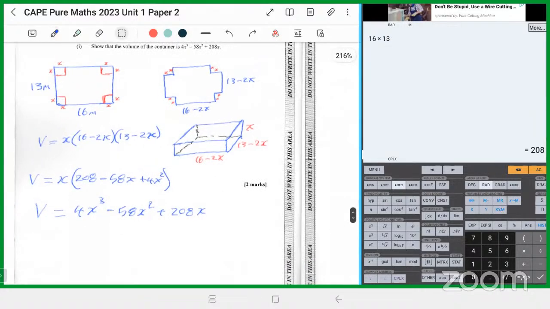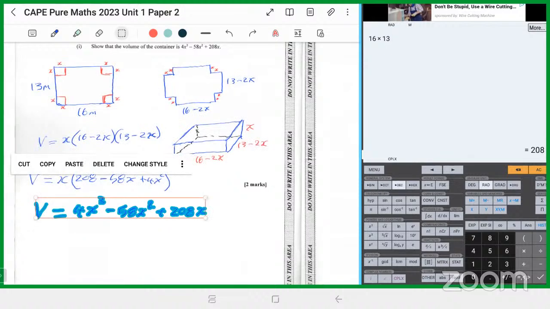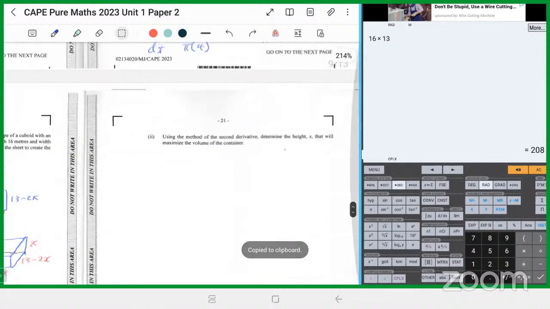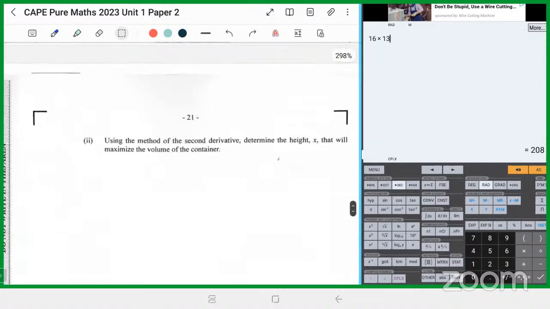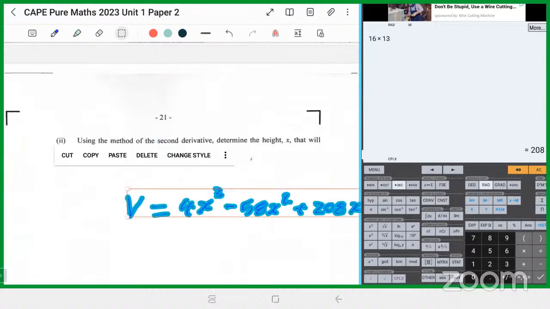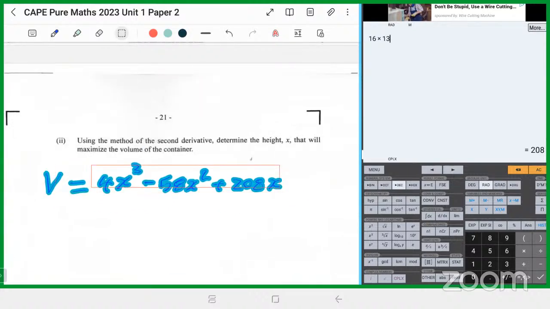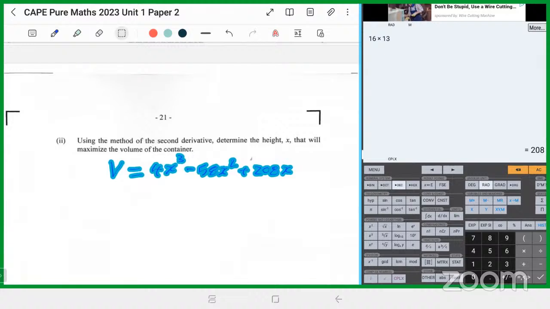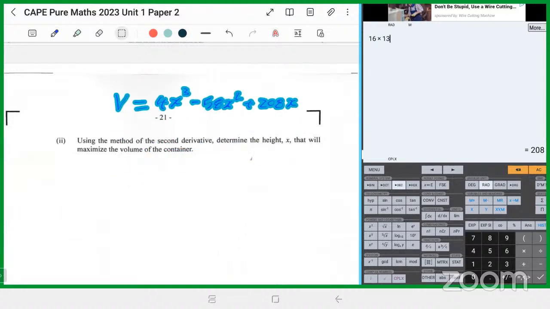So we have to differentiate this and put it equal to 0. So copy this, paste over here. So we have differentiated that. They don't want the maximum volume, they just want the value of x that will make it maximum.